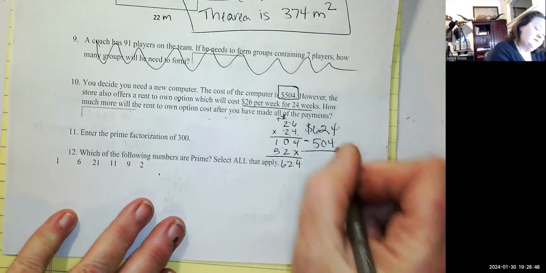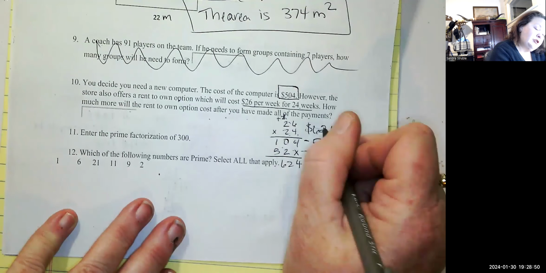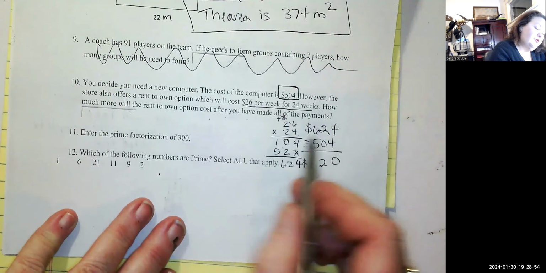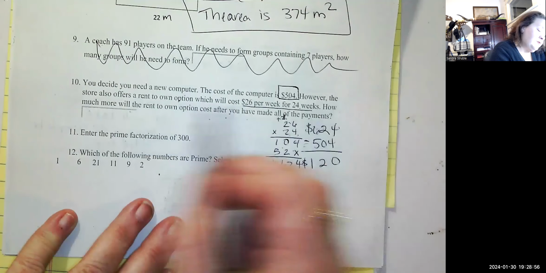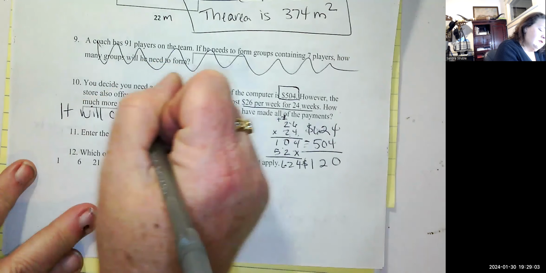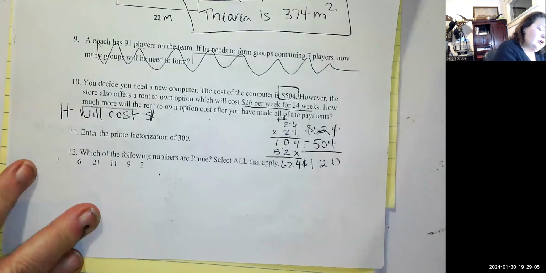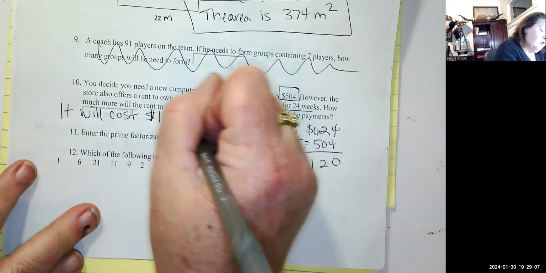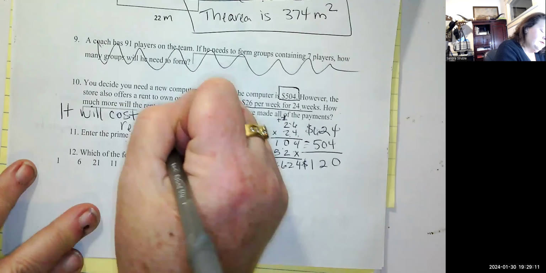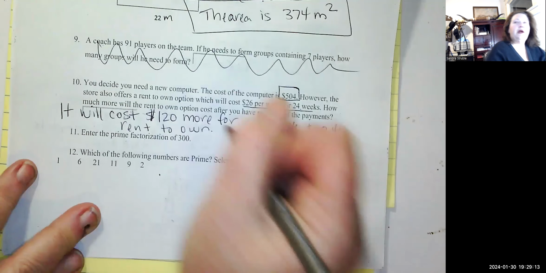We're subtracting them. 4 minus 4 is 0, 2 minus 0 is 2, and 6 minus 5 is 1. So how much more will the rent to own option cost? It will cost $120 more for rent to own. That's how much more you're paying.